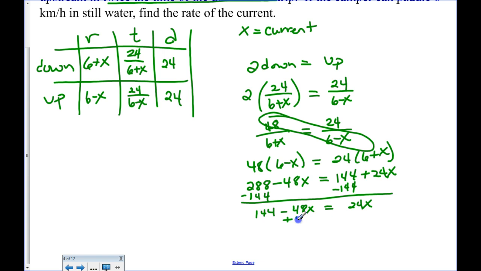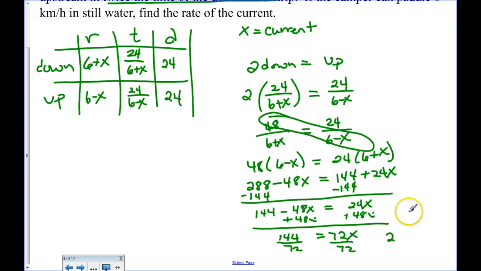Okay, add 48x to both sides. So now I have 144 equals 72x. If I divide both sides by 72, I get x is 2, and once again, remember, x is our current. So our label for this is going to be kilometers per hour.